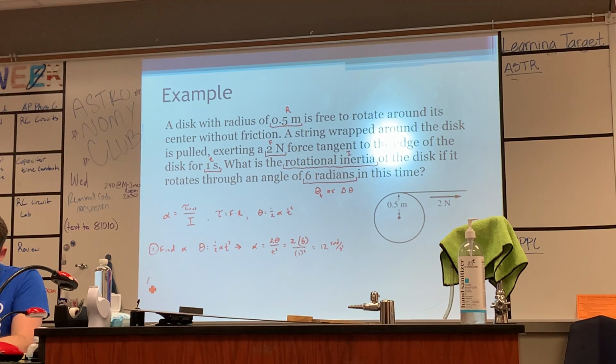Step 2, I need to find the torque. And the torque is just equal to the force times the radius at which it's applied, which is 2 newtons. And it's applied at a radius of 0.5 meters. That is 1 Newton meter of torque.